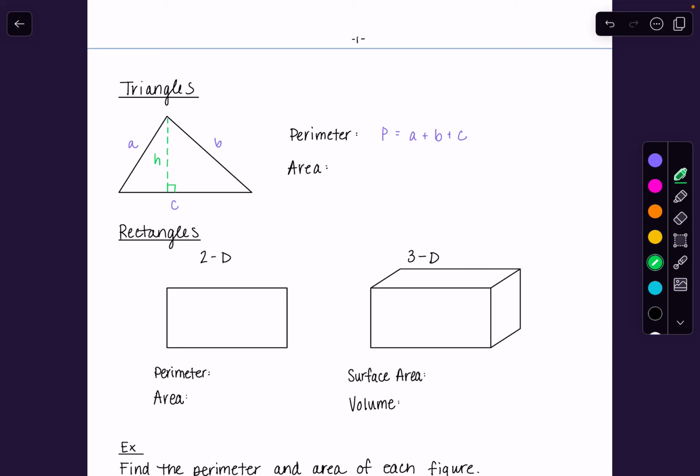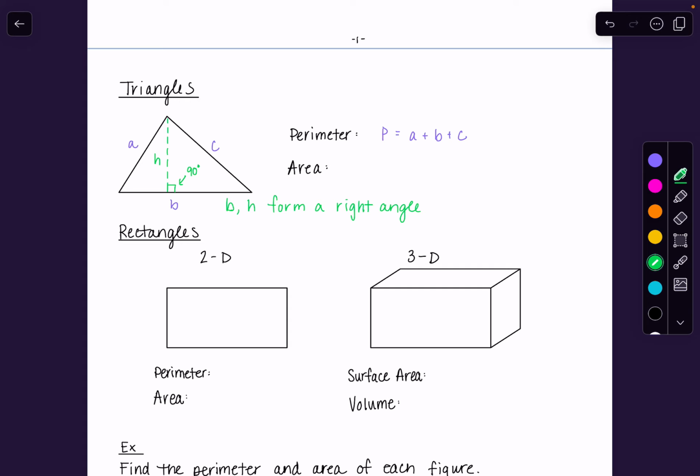So in this case, I'm going to just rearrange these to make the formula something that you're used to seeing, because it really doesn't matter what you call these side lengths. Let's say this bottom one is B, okay? So in our particular triangle here, B and H form a right angle. And that means this angle is 90 degrees, okay?